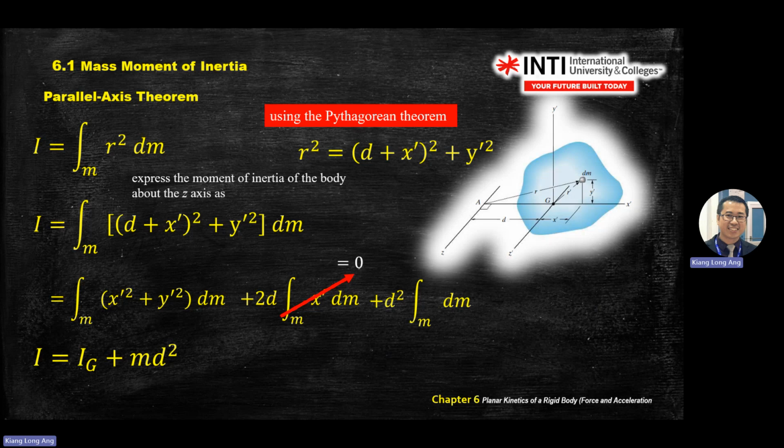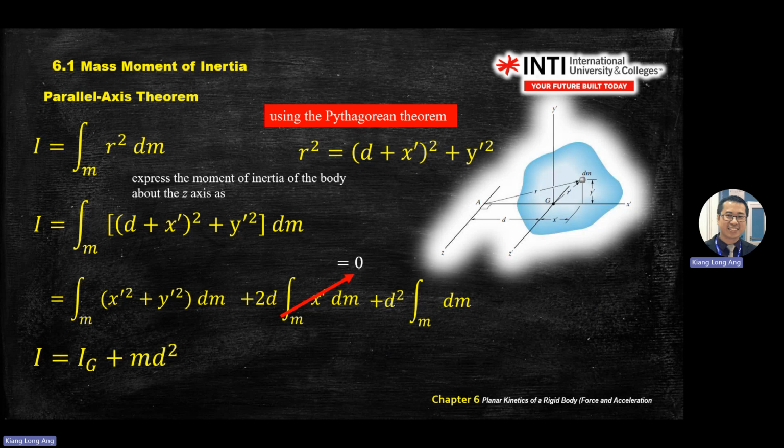Many students are confused when they come to the equation I equals Ig plus md square. They don't know when to use it. You look at the reference point. When the question gives you a reference point or observer point, then there is a D distance. If the question asks about the body's center of mass, G, then you don't need this term.